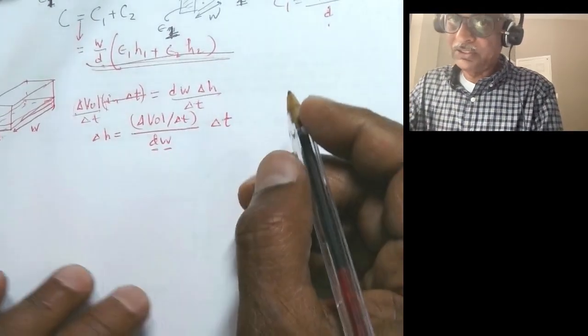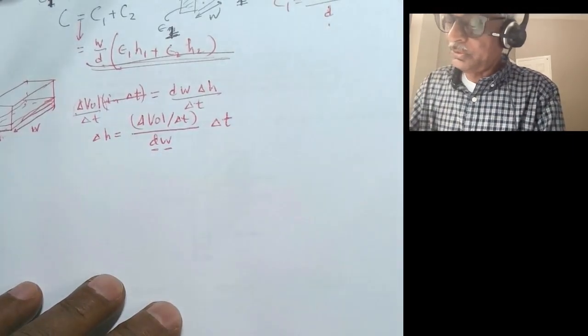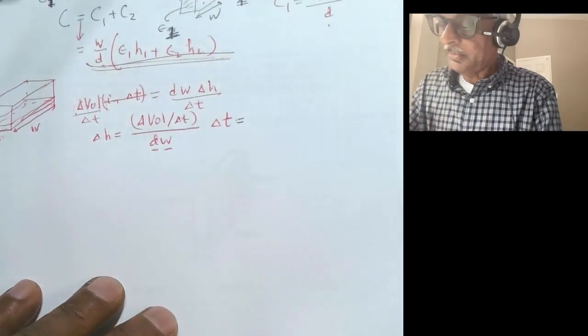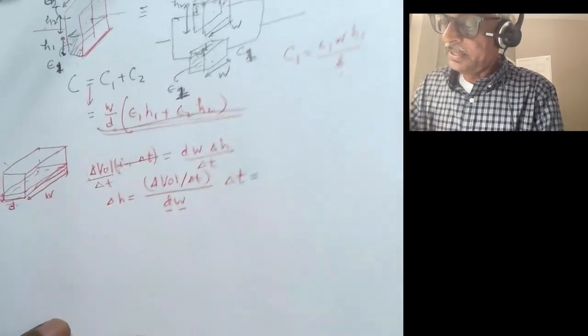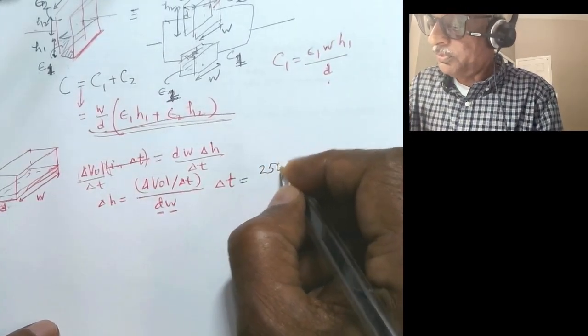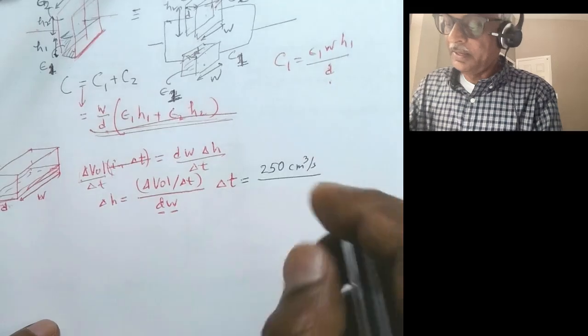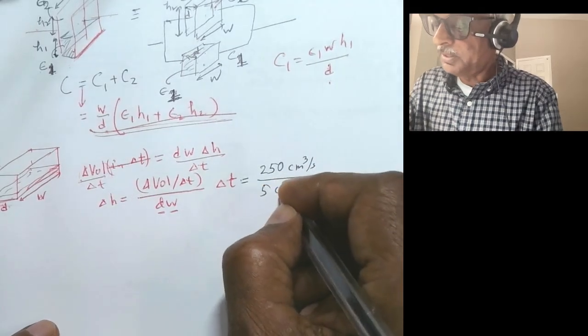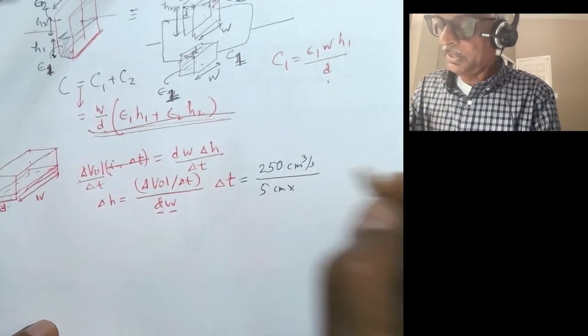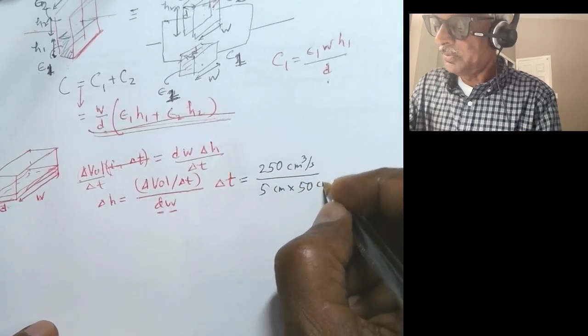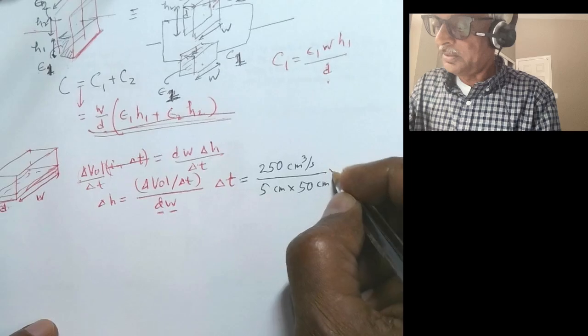Keeping everything in centimeter, delta H is simply going to be 250 centimeter cube over second. D is 5 centimeter and W is 50 centimeter, and the time it wants is 10 seconds.